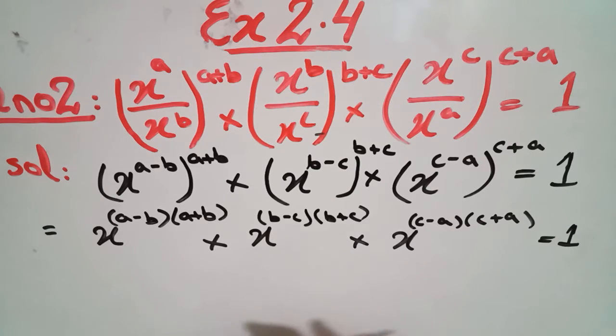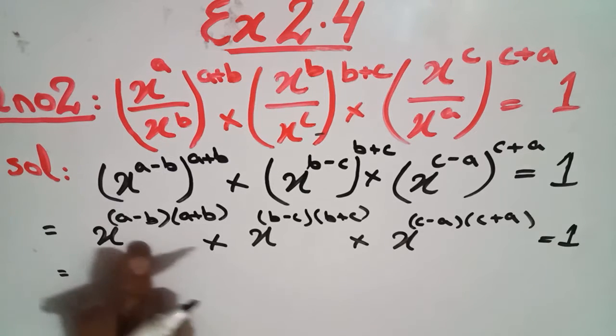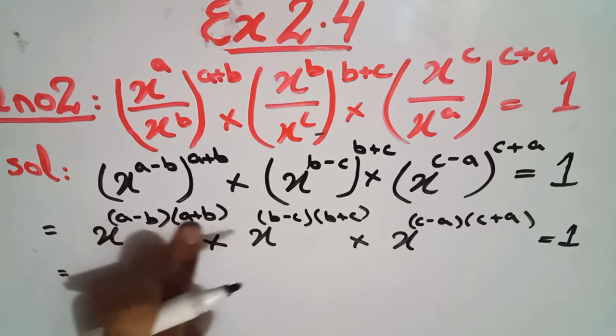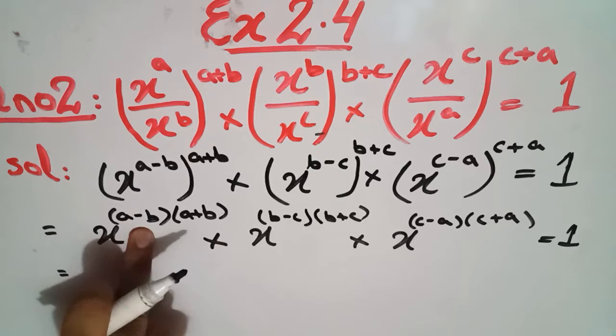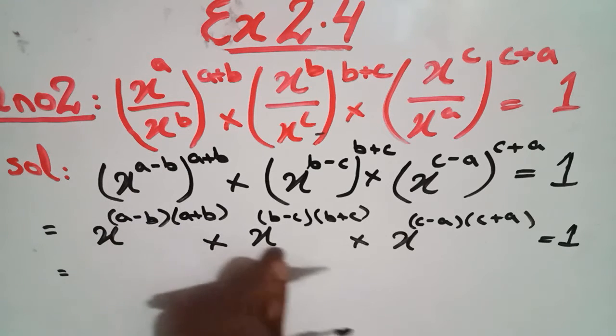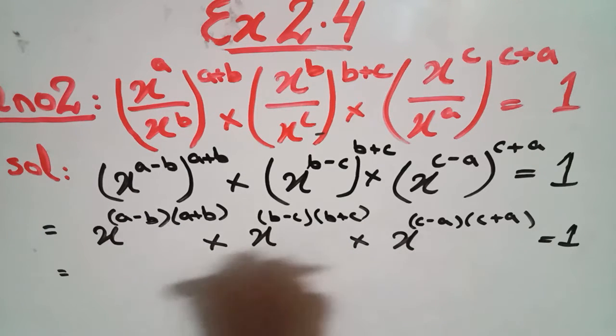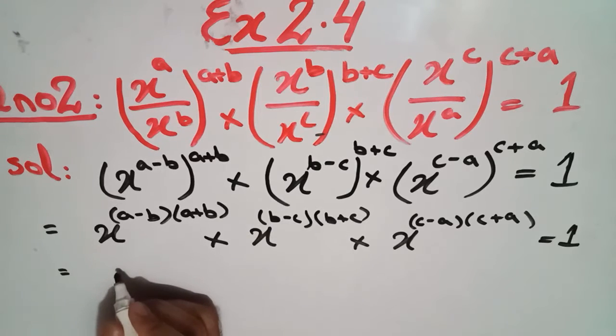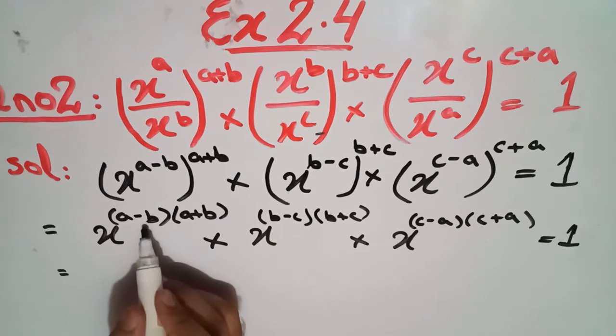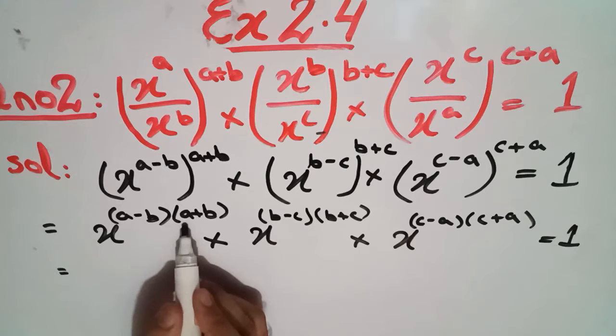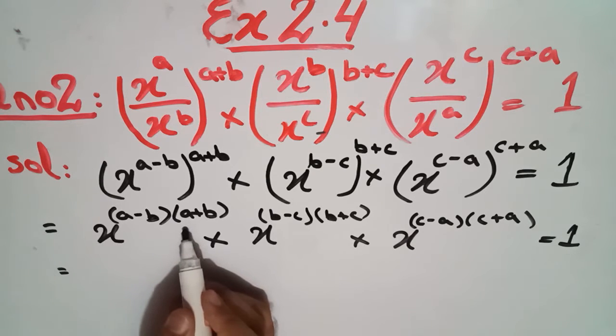Okay, now as we know, both these brackets are multiplying each other, so both these powers are multiplying each other. Similarly for this one and similarly for this one. In that case, as you can see, it is the formula of a square minus b square.